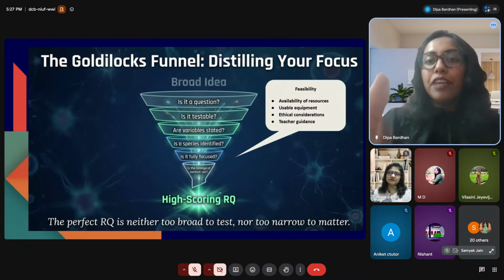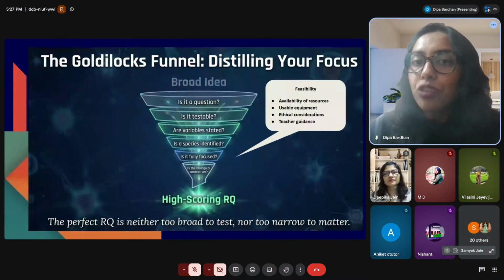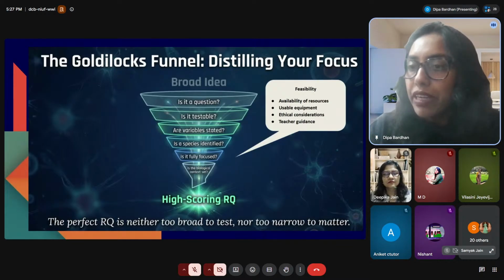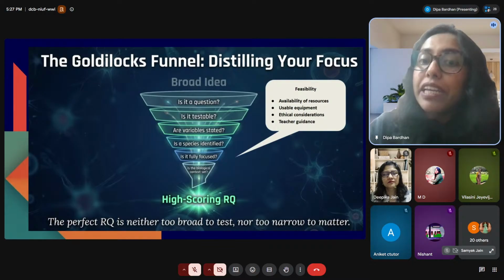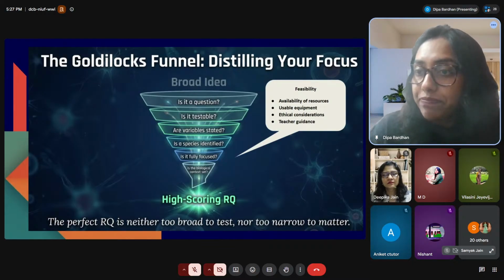If you have a broad idea that I want to work on this topic, you have this funnel: can a research question be formulated from this topic? Can it be verified? Can it be investigated? What are the variables which I will select if I take this topic?